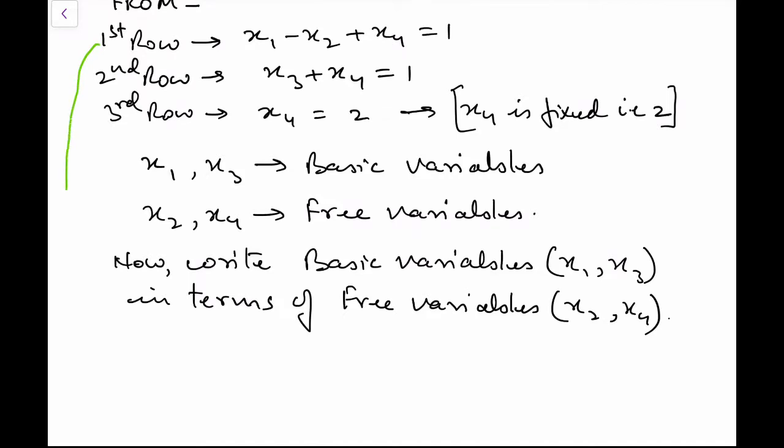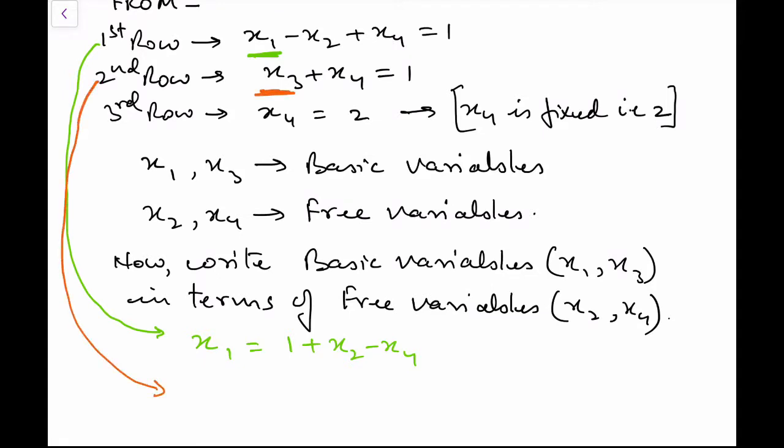So from row 1 we will get the value for basic variable x1 as 1 plus x2 minus x4, and from second row we will get the value for basic variable x3 as 1 minus x4, and the value of x4 is 2.